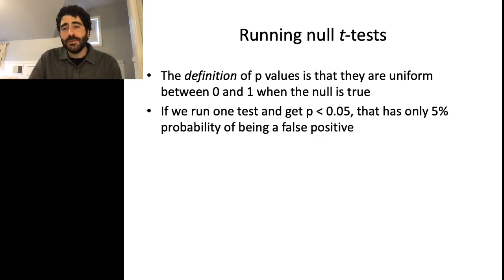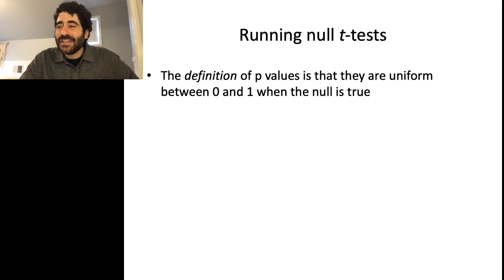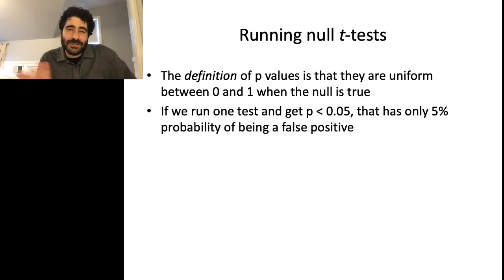If we only run a single test, which is what we've been talking about for the whole course so far, and we get a p-value less than 0.05, then what that tells us is that it would be relatively hard for the null hypothesis to have generated that p-value. It's not impossible, right? It can do it. All the blue dots there are times that it's doing it. But it can only do it like 5% of the time.